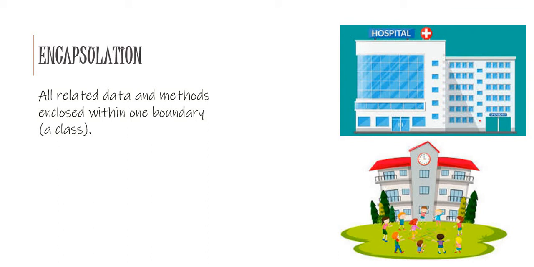So the hospital will have to enclose all the features inside it. Only then will it be a good, correct, or applicable object of class hospital. Similar is the case of a school. The school will be a school when it will enclose all the related data and methods inside it.